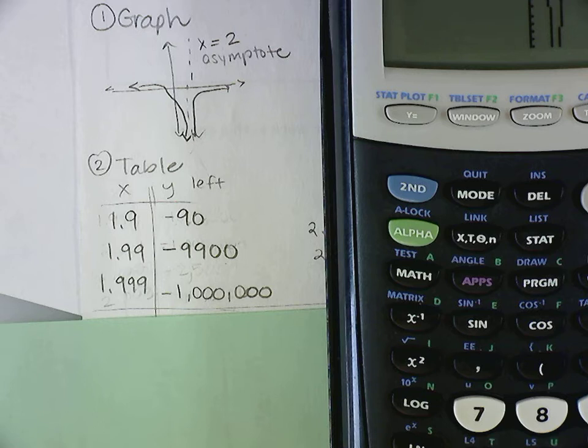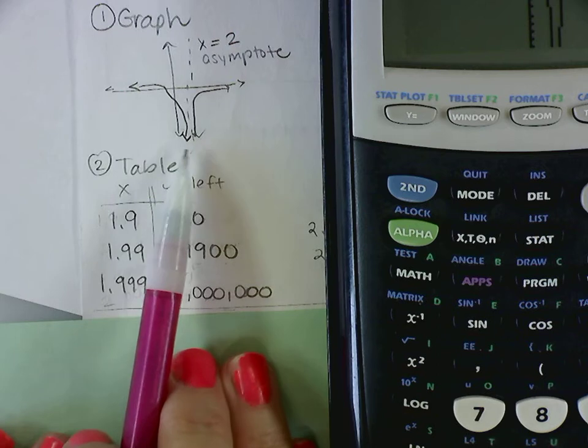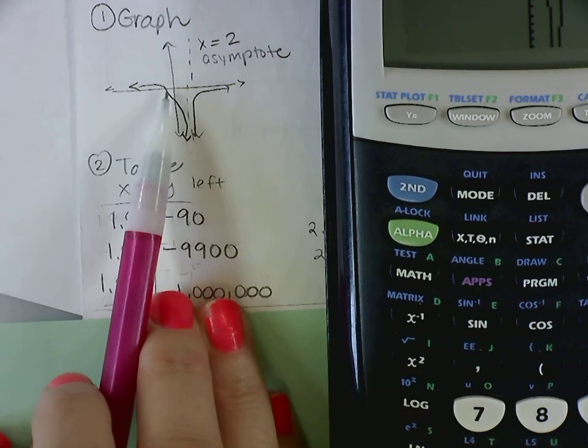Now 1.9, 1.99, 1.999, they're all pretty close together. I have all my different decimal places. Are the numbers that the y has close together? No. But it looks like they keep getting more and more negative, right? Okay, so yeah, they're getting bigger in the negative direction.